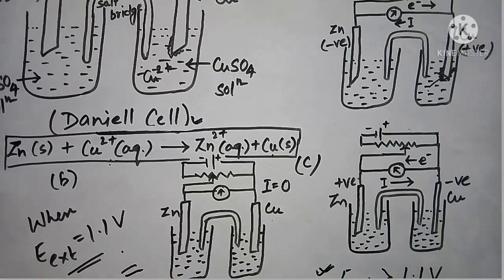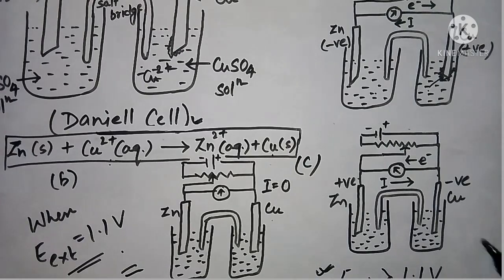In the third case, we saw that when the opposite external potential we are giving is greater than the cell potential, then a reverse reaction will take place, which is otherwise not feasible.